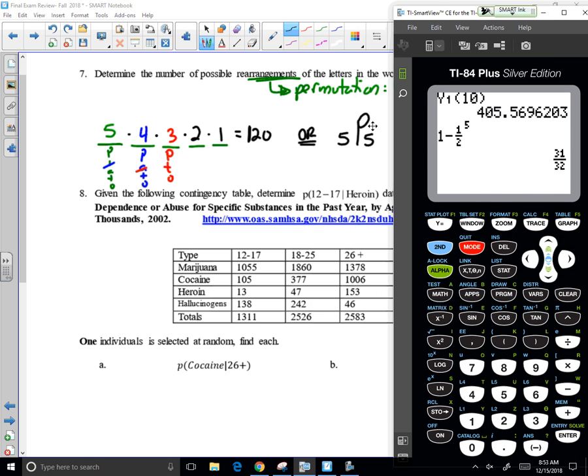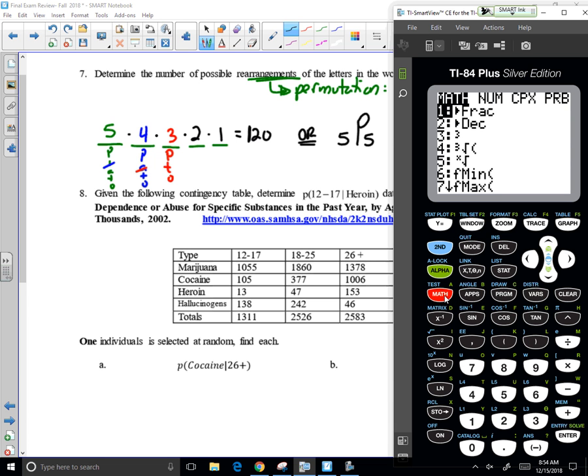This is the nicer way, because if I give you a bigger word, not Plato, but something like sorcerer, you want a shortcut. You don't want to have to do it this way. So math, so yeah, I put in the 5 first, then math probability, option 2, the nPr function, and then the 5 again. And then we get it.